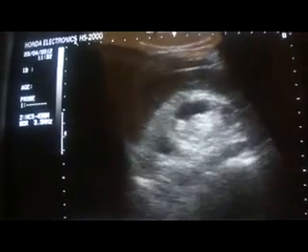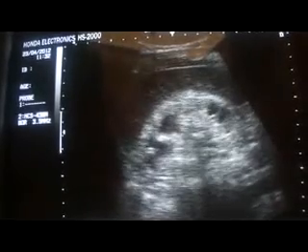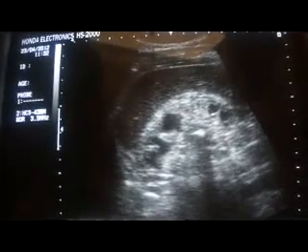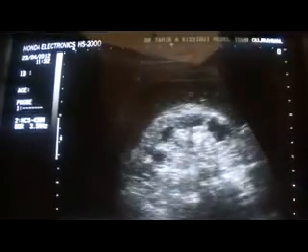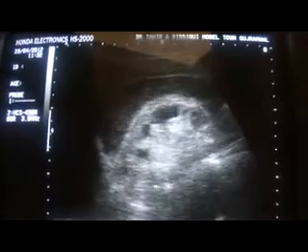And here in the renal pelvic region, in transverse section, you can see a calculus. This is the longitudinal section with the calculus in the pelvis region, and the other was seen in the lower pole of the kidney.